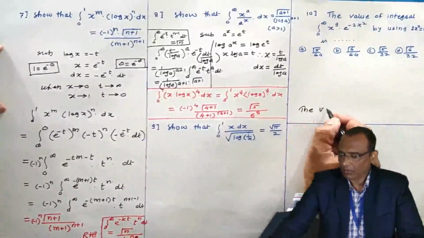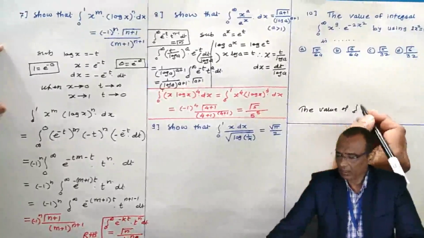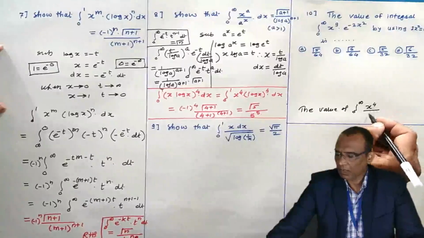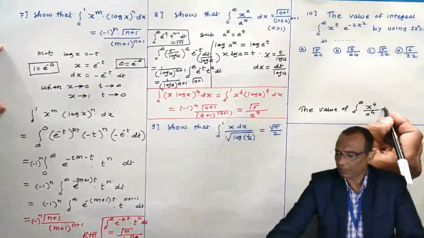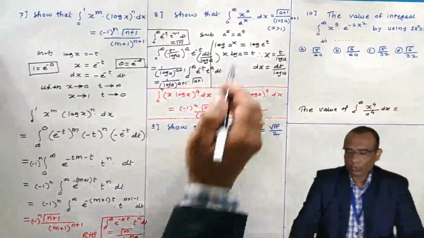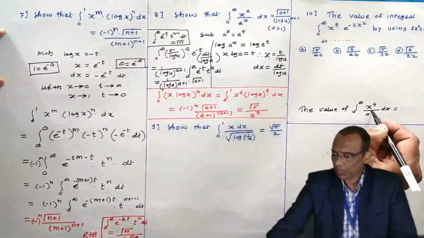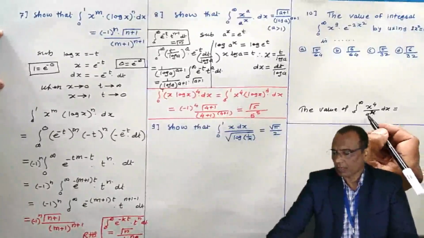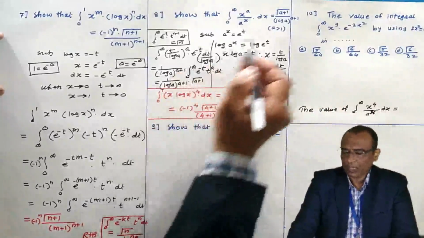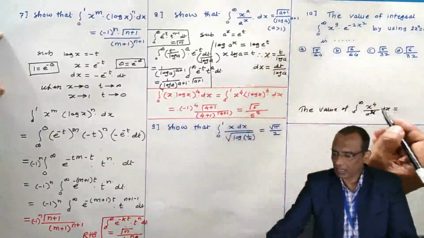It may be asked like this: the value of integral 0 to infinity x power 4 by a power 4. Value you may be asked. Either you go on solving like this, substitute a raised to power x equal to e raised to power minus t and go on solving this, or remember this formula and get the answer.